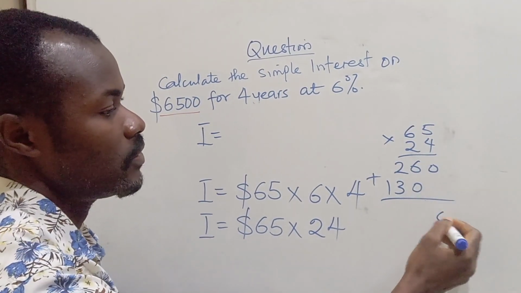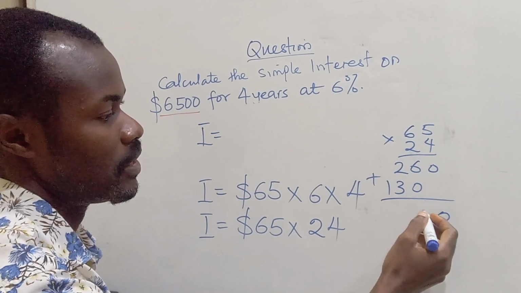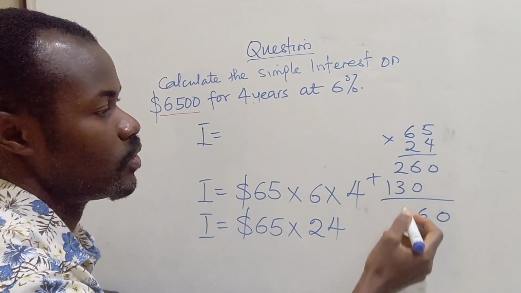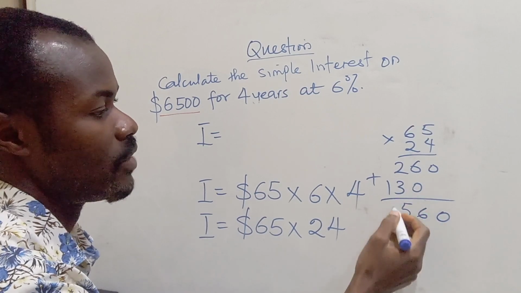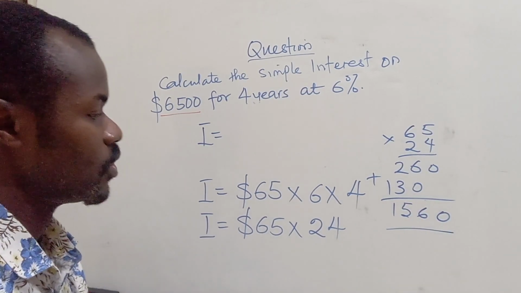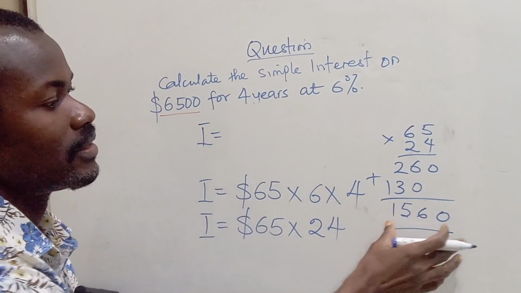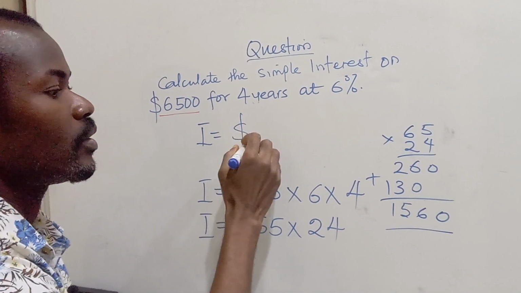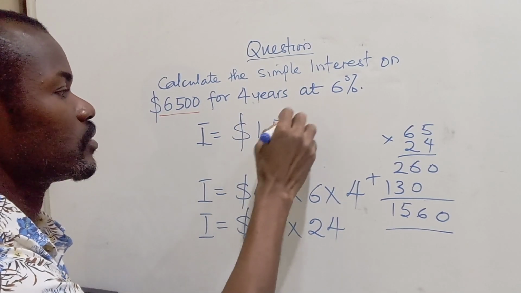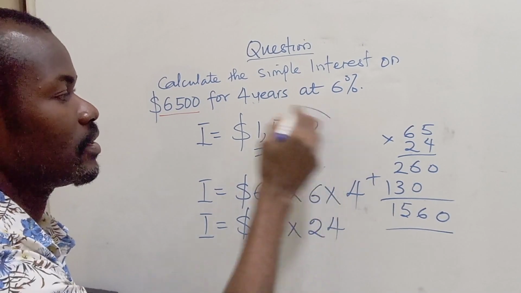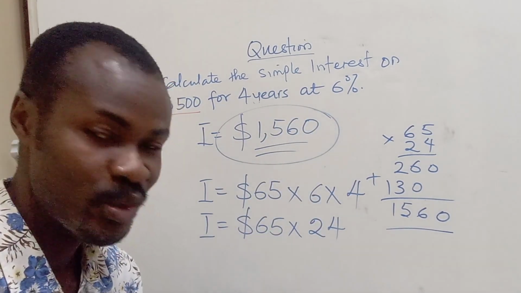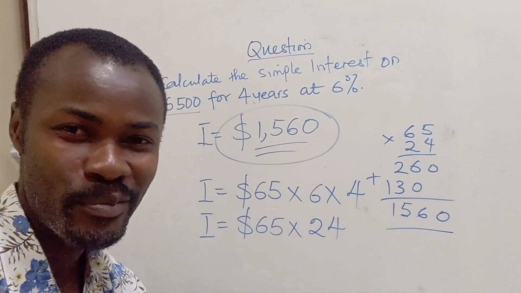I have 0. 6 plus 0 is 6. 2 plus 3 is 5. And we have it. So our simple interest after 4 years is going to give us $1,560. That gives us the solution to this simple problem.